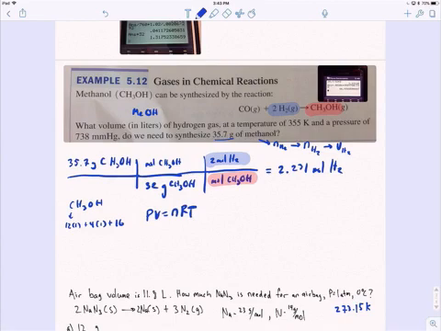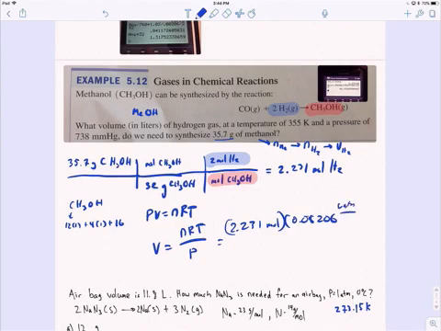We need volume in liters, so volume is nRT over pressure, equals n is 2.231 moles, R is 0.08206 liter atmosphere per mole Kelvin, 355 Kelvin, all over pressure.